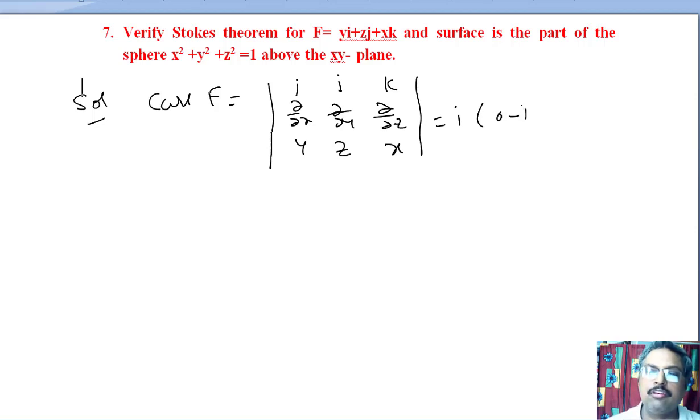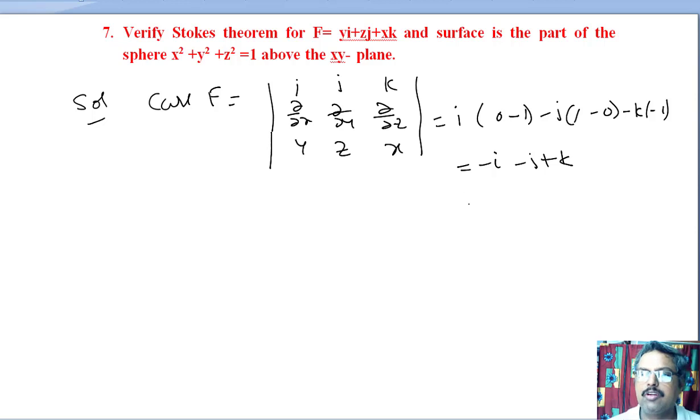Dou of this value is 0. Now dou by dou z of this value is 1. Minus j, dou by dou x of x is 1, dou by dou z value is 0. Minus k into dou by dou y value is 0, this value is minus 1. So finally minus i, minus j, k into this value is minus 1. Then no problem, plus k.